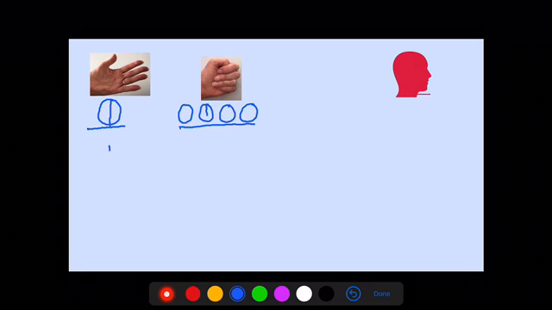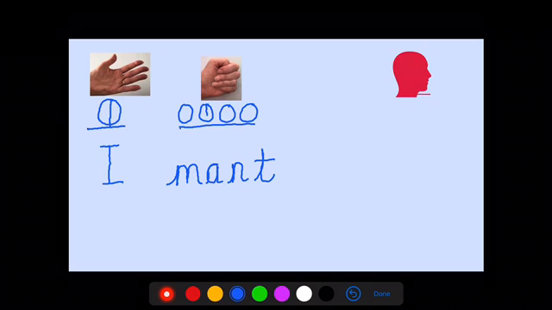Let's write the letters we need. I. Mant. My mouth was closed that time. I know that it's an M. A is A. N. Oh, my mouth's open. It must be an N. T. And before that begins to look like a very odd sentence, let's write the word again.